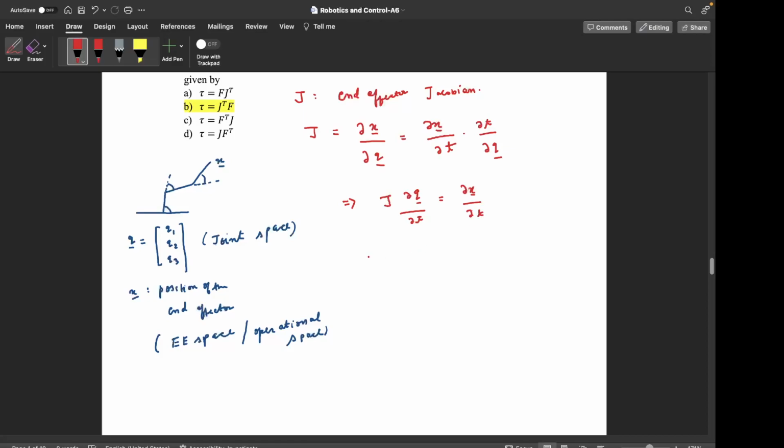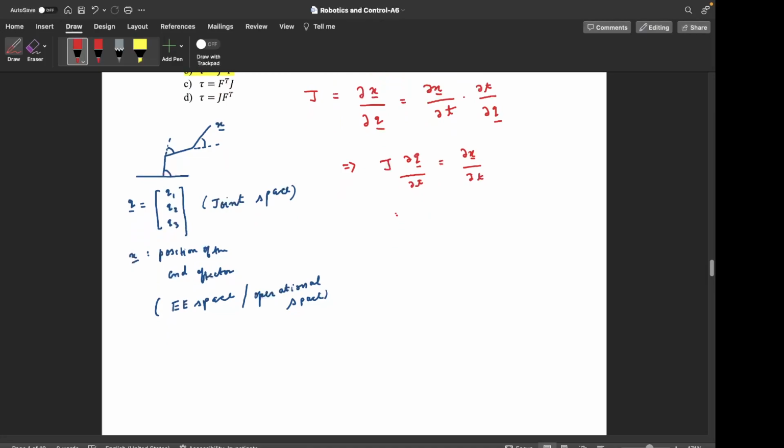So here comes a very useful relationship: the velocity of the end effector is the Jacobian of that end effector multiplied by the joint velocities. This relationship tells how the end effector velocities are related to the joint velocities.